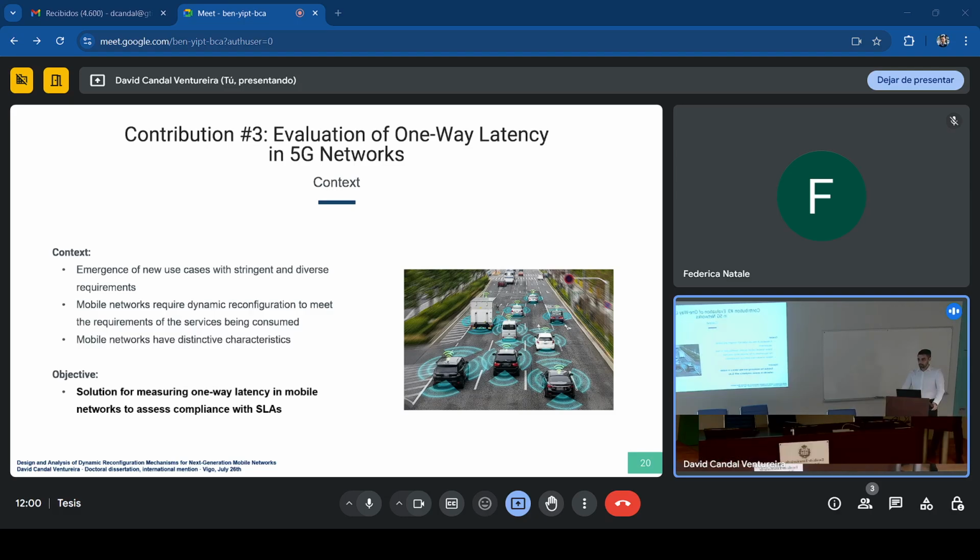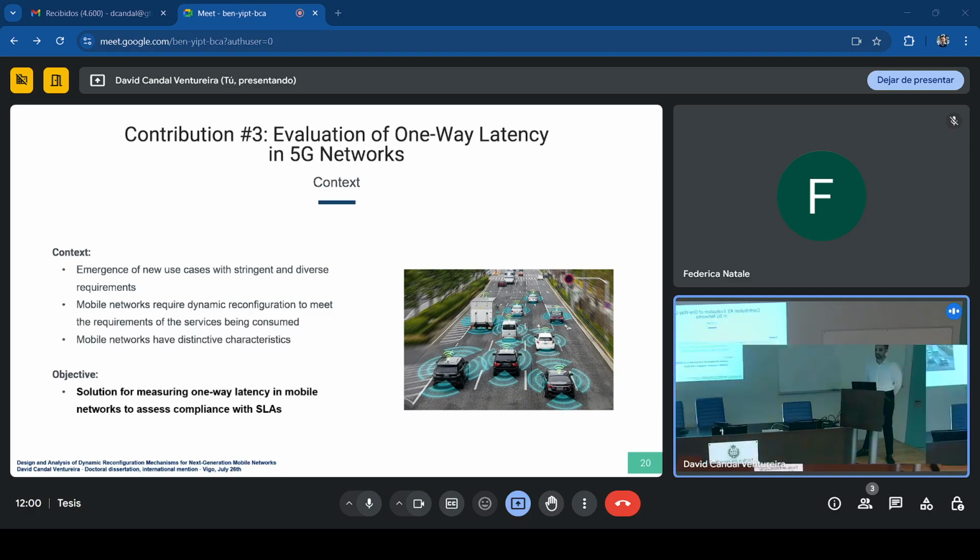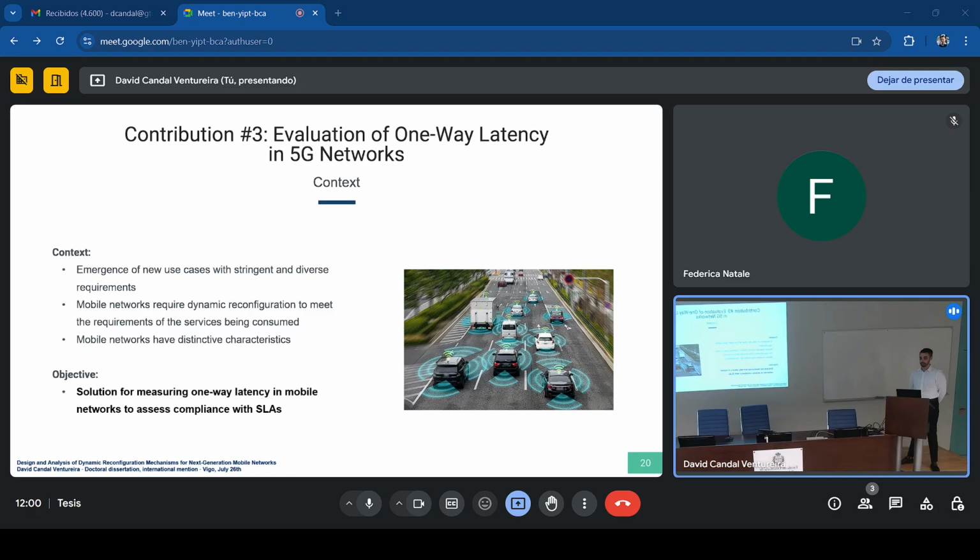Applications will demand increasingly lower delays, and networks must ensure that these requests are met by implementing tools to measure these KPIs. In this regard, mobile networks have particular characteristics that make it difficult to measure the delay in one of the paths, uplink or downlink, when we do it separately.